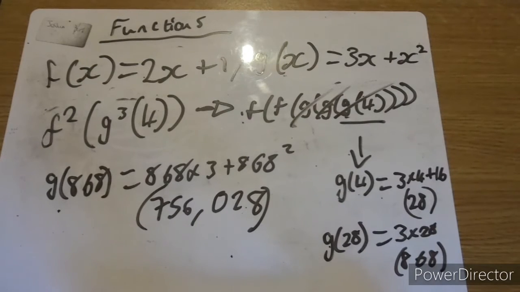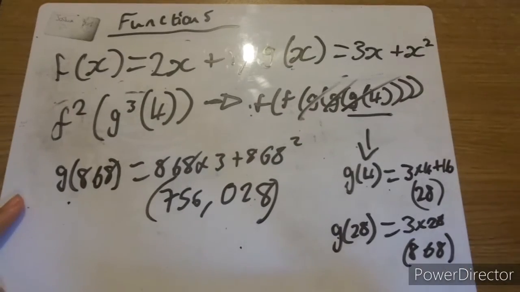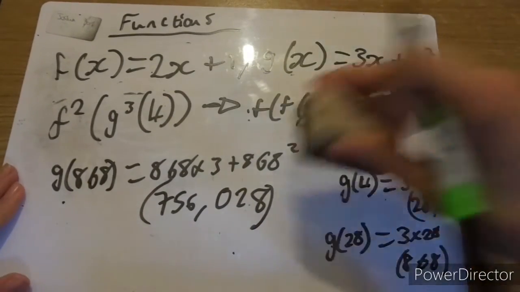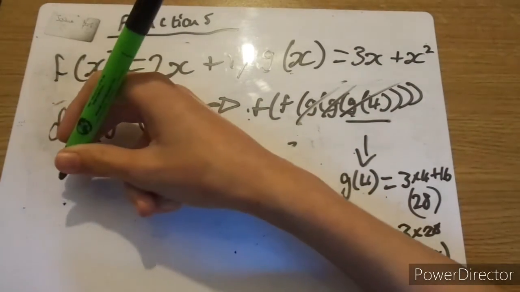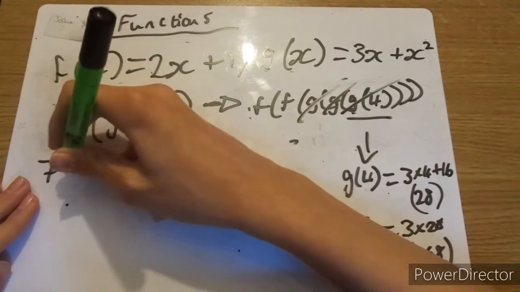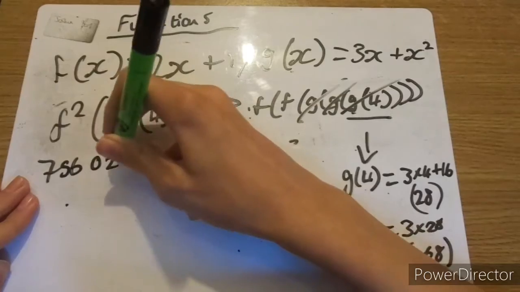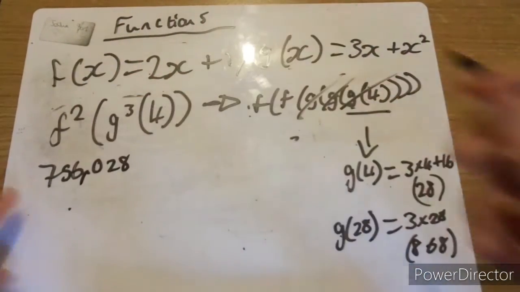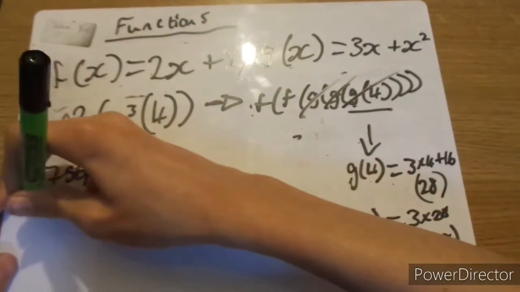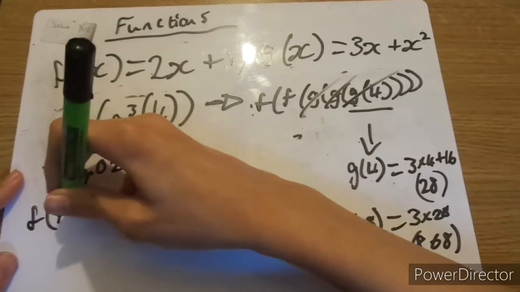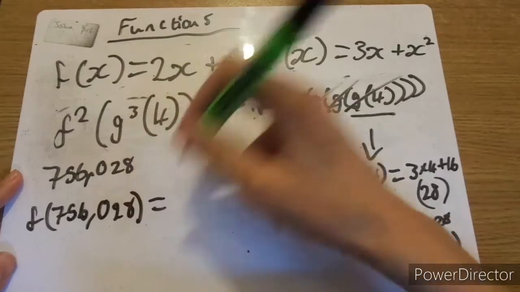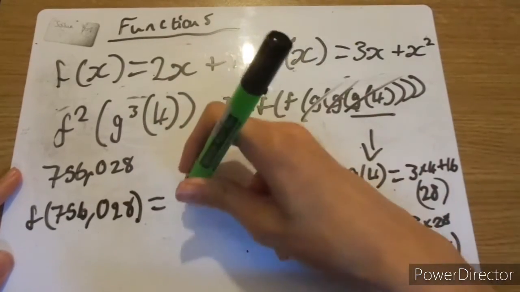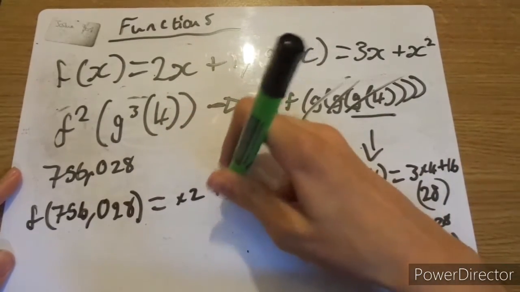Let's double check. I'm just going to rub out this part and rewrite the number up there, as I just need some space to actually work. So then it would be f of 756,028, which would just be that number times by 2 and then add 1.